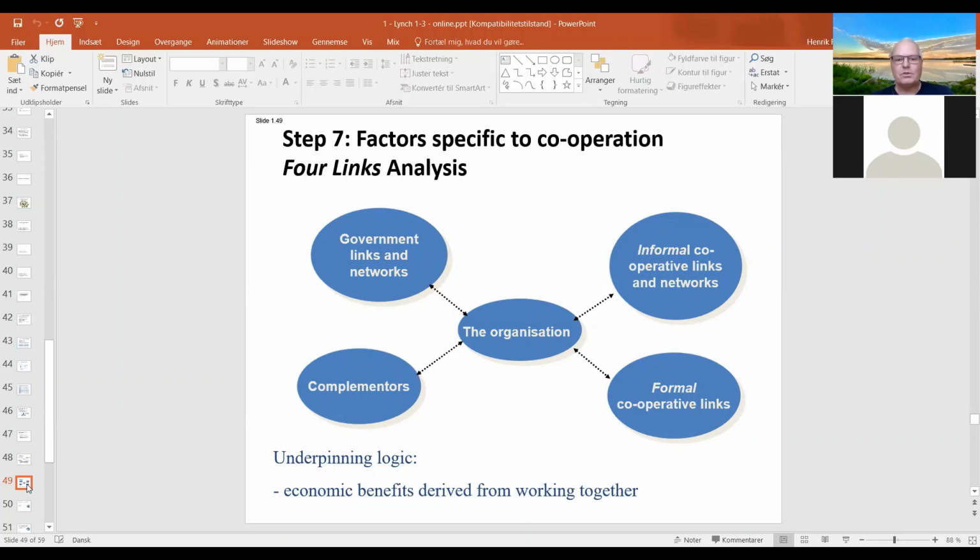And what you should basically take from this is that the organization that you work in, or who you are, can have links to governments and other types of networks. So again, it's all about links, networks, etc. It's about using your network and taking advantage of the network that your company is in, and also the network that you yourself have.